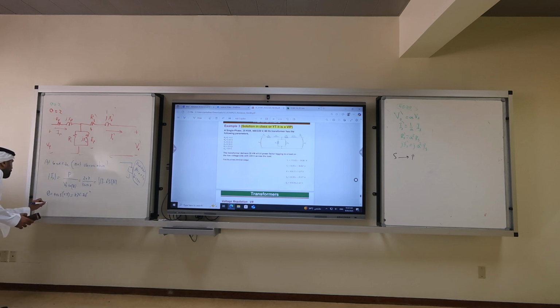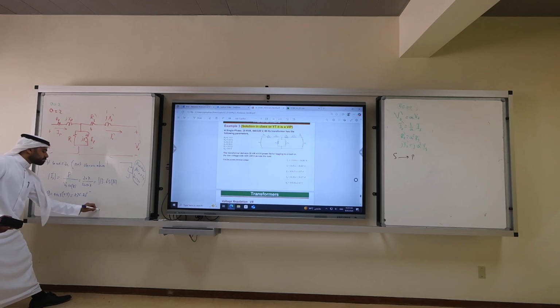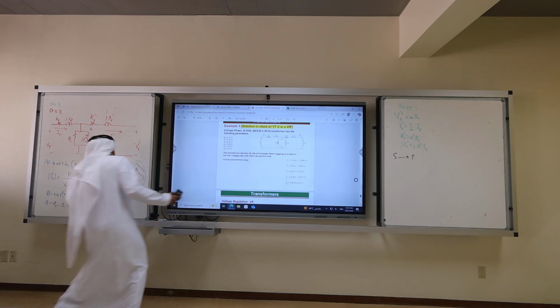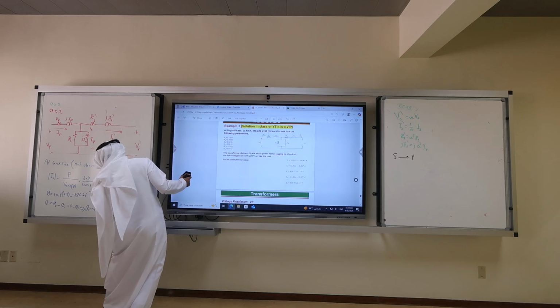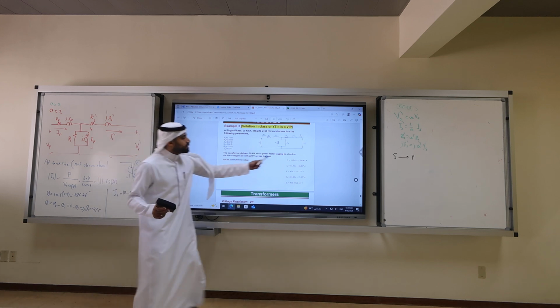Theta is theta V minus theta I. Remember this equation? I'm taking Vs as a reference, so it is 0 minus theta I. What is theta I? Minus 36.86. So this implies Is equals 113.63 angle minus 36.86. That is the right answer.